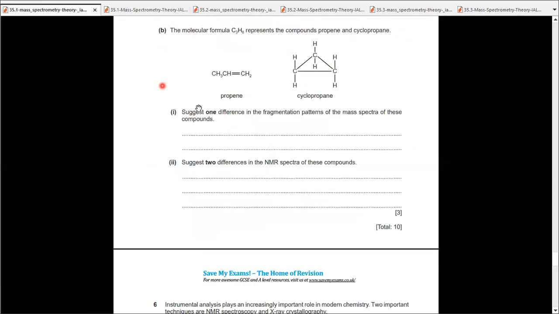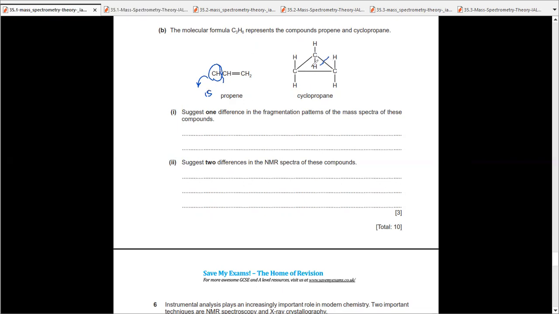Okay. So this C single bond C bond might break. The double bond will not break in the case of propene. So the chances are that it fragments over here, where we'll get CH3 out of it. If we get CH3 out of it, we'll get a 15 peak. Now, in cyclopropane, if we break any bond, it would be converted into a single chain portion, which would have radical and positive charges on one end and the other.